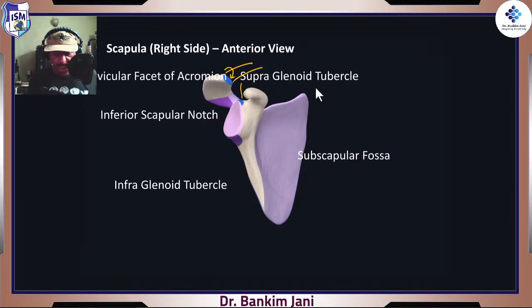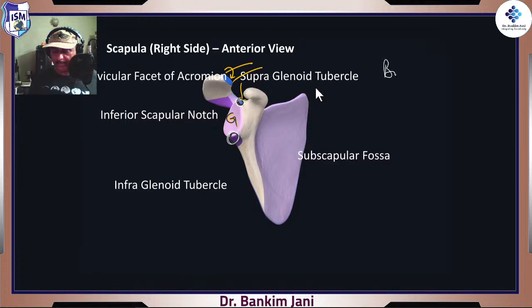Then this one here is the supraglenoid, because this is the glenoid. That's the glenoid, and above it is the supraglenoid, below it would be the infraglenoid. And we know what is connected over there? Yes, you are right.